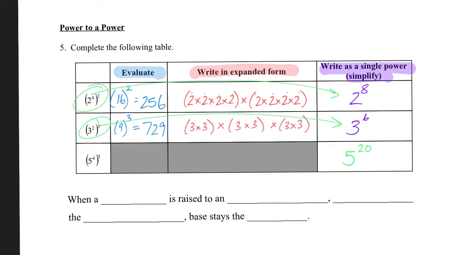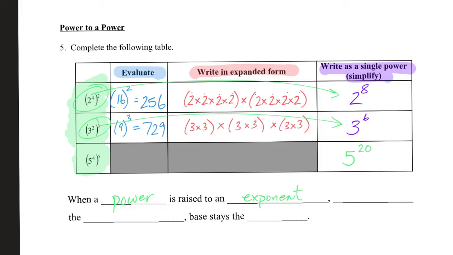Okay, what did we see? Well, what we had in that left column this time was something a little different. What we notice is that on the inside of the brackets, we have a power, but that power has been raised to another exponent. So what do we have? A power that was raised to an exponent.